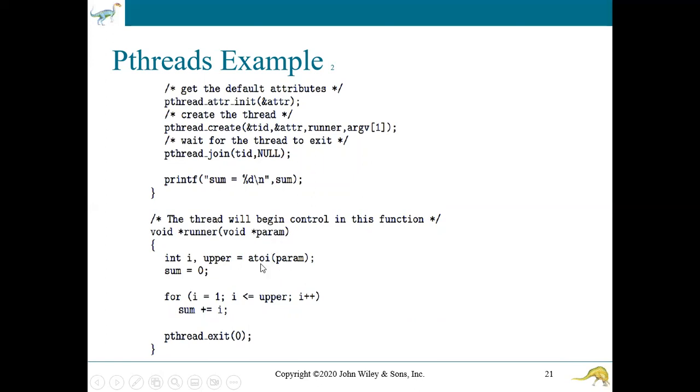So converting back to an integer, the value is upper. For example, upper can be 10. So starting from 1, 1 plus 2 plus 3 plus 4 plus 5, sum is going to be the arithmetic sum. And then once you finish this, you exit. When you exit, it joins back again here.